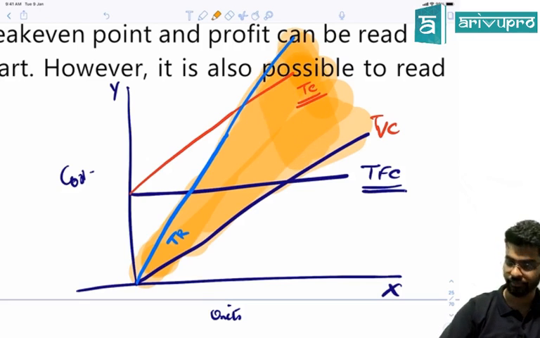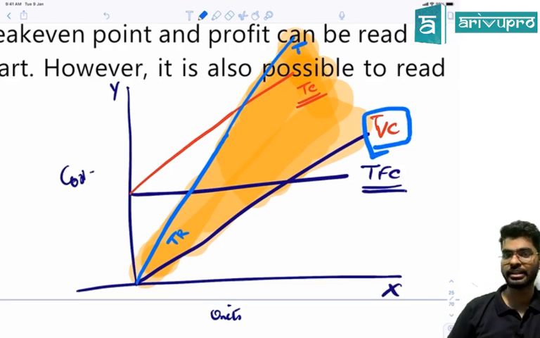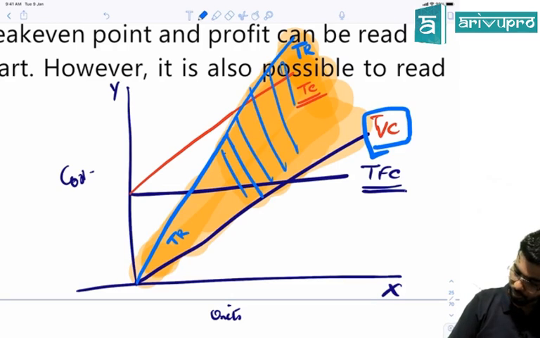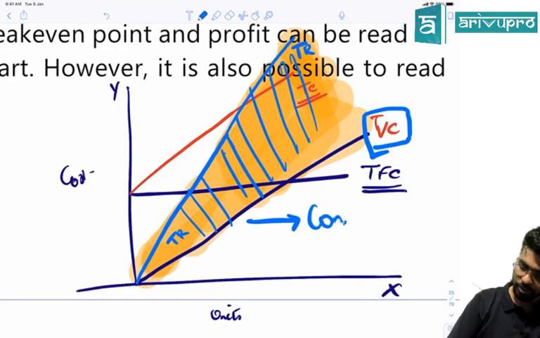What is this? Guys, this is my variable cost. This is my total revenue. The difference between variable cost and revenue is what? Thanks, Amoda. This is my contribution.